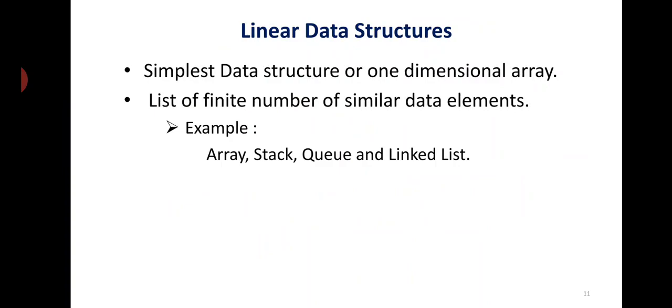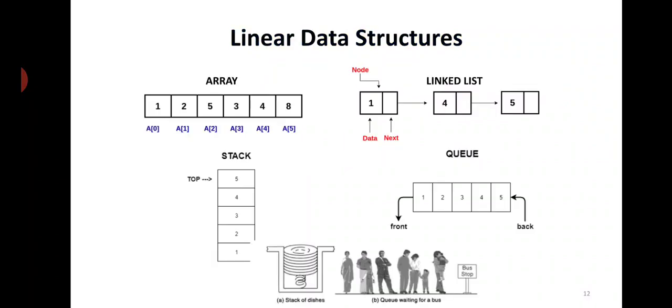What are these, array, stack? These are new terms to you, right? Array you have already studied. Then what do you mean by linked list? Linked list is also a linear data structure. This linked list consists of nodes. This is called a node. A node has two parts.